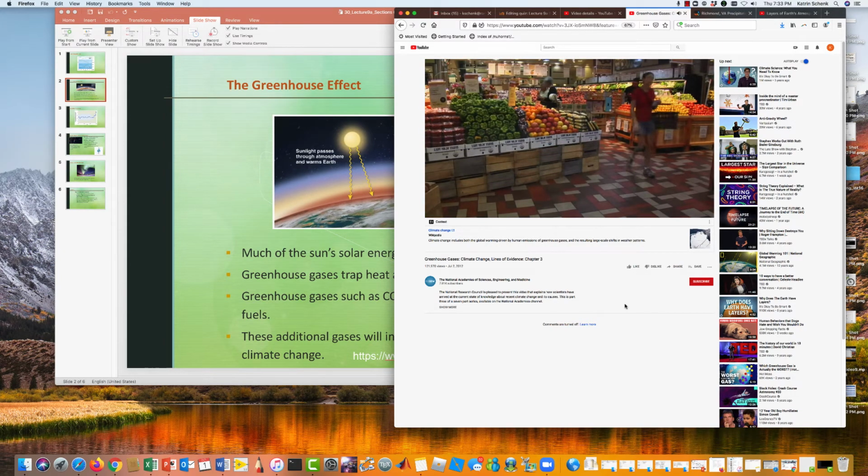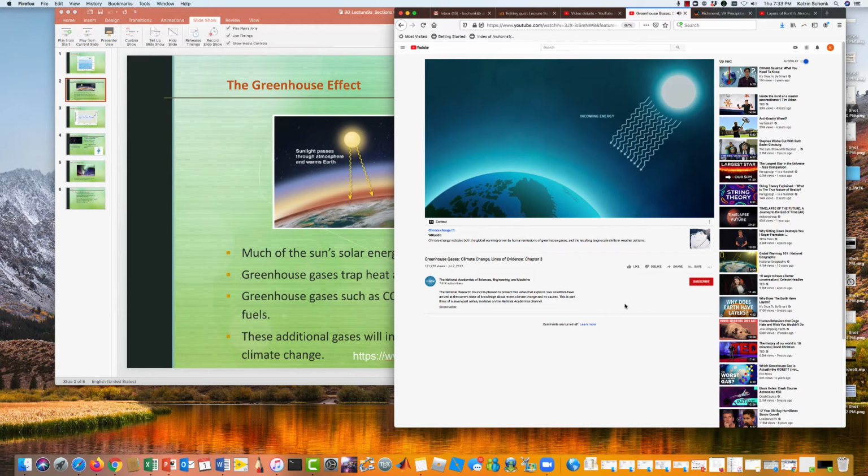Here's how the greenhouse effect works. As the sun's energy hits Earth, some of it is reflected back to space, but most of it is absorbed by land and oceans. This absorbed energy is then radiated upward from the surface of Earth in the form of heat. In the absence of greenhouse gases, this heat would simply escape to space, and the planet's average surface temperature would be well below freezing.